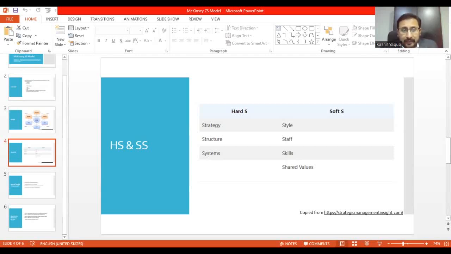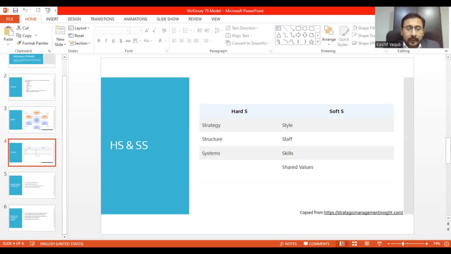Now, what are systems? Systems are the processes and procedures of the company which reveal business daily activities and how decisions are made. Systems are the area of the firm that determines how business is done, and it should be the main focus for managers during organizational change.